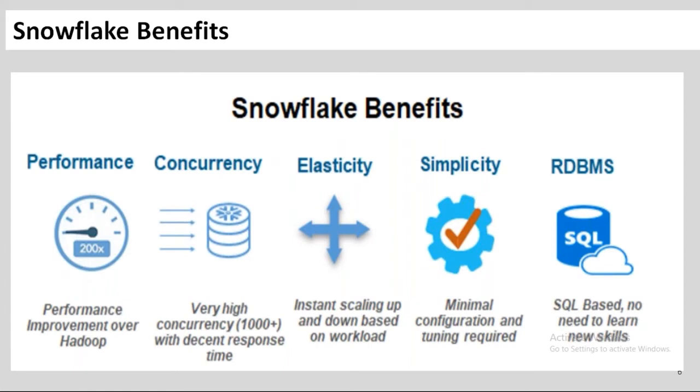At 9 o'clock, whatever performance you got for one user, the same performance you can see for 100 users also. There is no degradation in the performance even when more people are accessing the database. That is one good thing. That is about concurrency. Concurrency means parallelism.